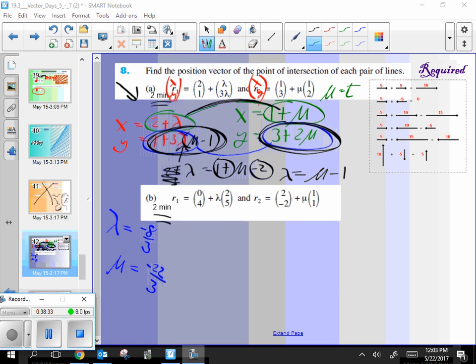So, sorry, you need to be really good at algebra to be good at calculus. All right, when you're all done, you figure out that mu is 5. And once you know mu is 5, lambda's got to be 5 minus 1, so therefore if mu is 5, lambda must be 4.